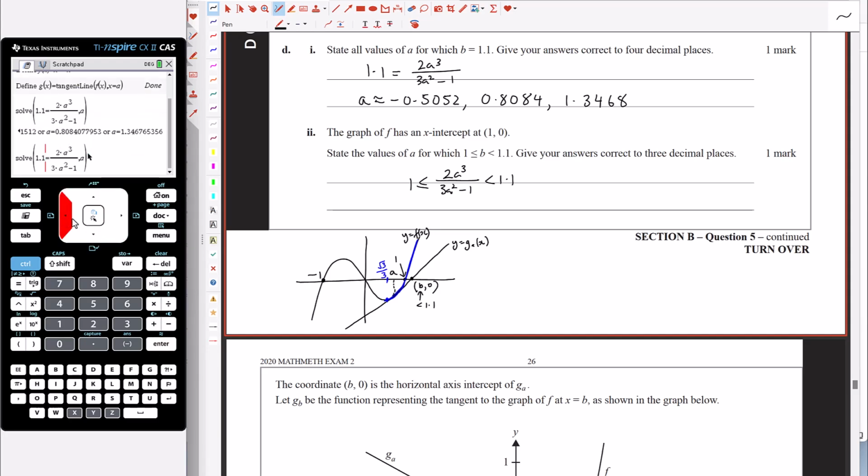So this time we need 1 is less than or equal to that expression, which has to be less than 1.1. And state the values of A for which.